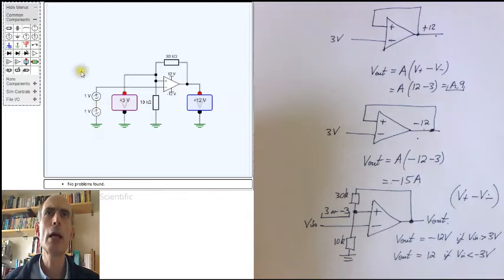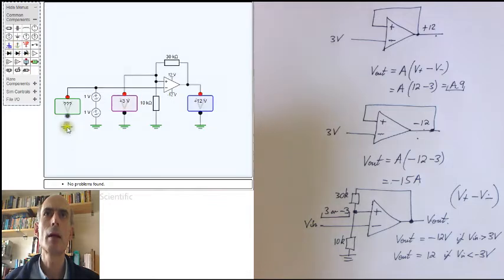Let me put another voltmeter on the input itself. And I will turn this sine wave here up to 5 volts and turn this one off to 0 volts.